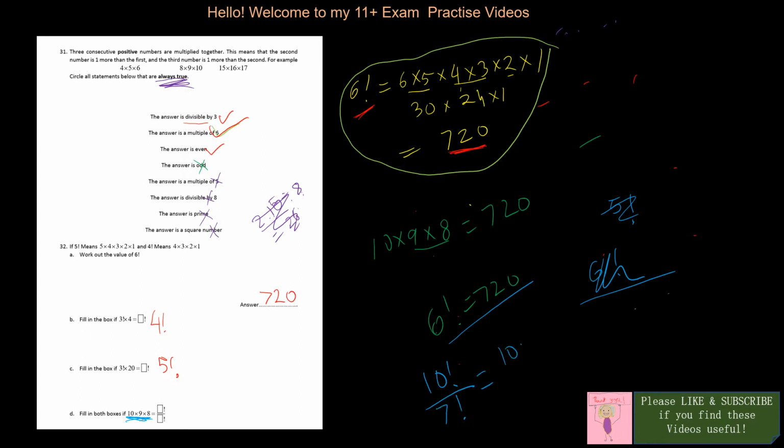You will get 10 times 9 times 8 times 7 times 6 times 1, and if you do factorial 7 times 6 times 1, so this and this get cancelled out, so it's factorial 10 by factorial 7. So it would be factorial 10 divided by factorial 7. That's your answer.